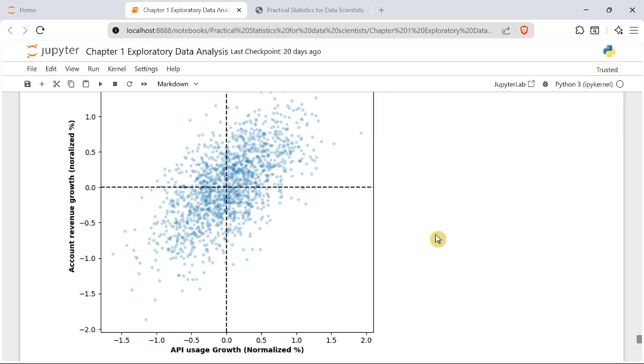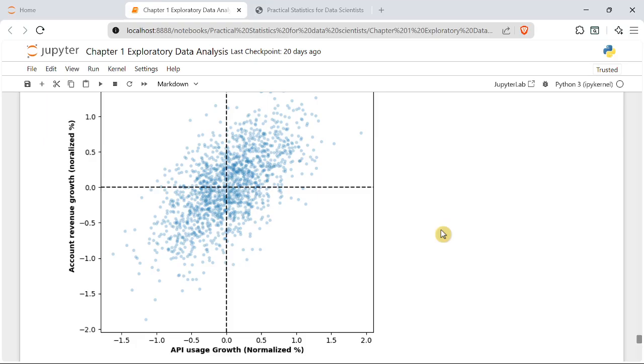The top right has our healthy expansion accounts. Usage and revenue are both growing. In the bottom left, we have our critical churn risks: clients who are abandoning the platform and contracting their spend. Customer success must intervene in this bottom left quadrant today.